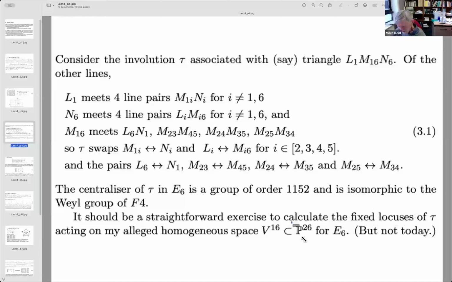So when a group of order 2 acts on 27 coordinates, the most likely thing is that there are 23 pluses and 24 minuses. So there are 2 different fixed locuses, and I hope, I assert, I conjecture, if you like, to use the technical mathematical term, that one of these is a symmetric space, a projective homogeneous space for F4.